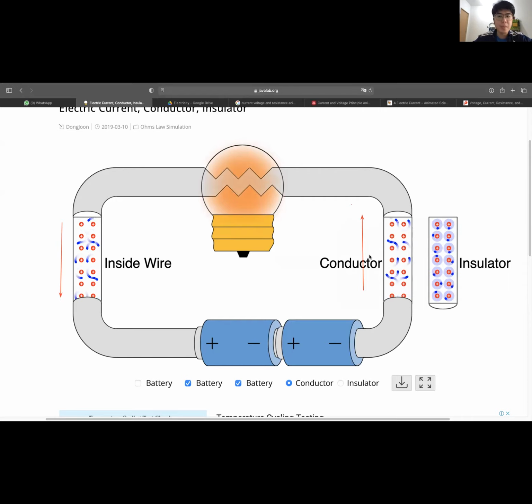So current corresponds to the speed at which the charge is flowing, how fast the charge flows. The faster they flow, the higher the current. So again, current is the flow of charge, and the faster the flow of the charge, the higher the current.